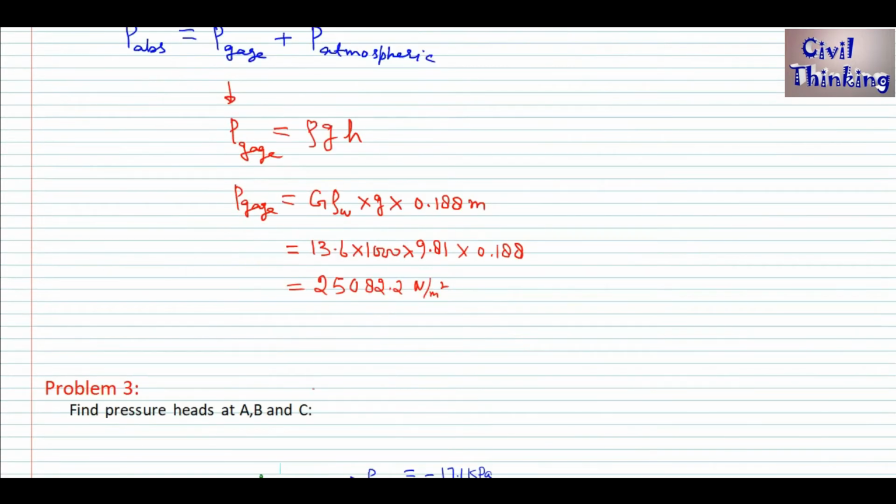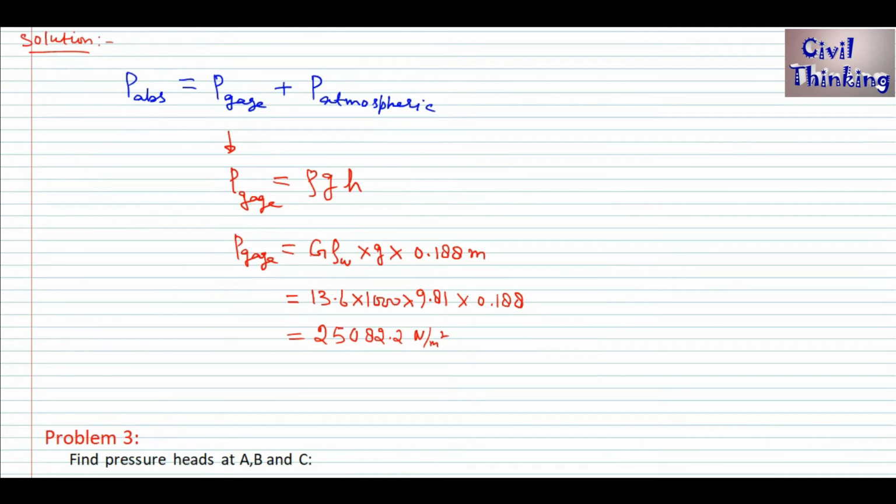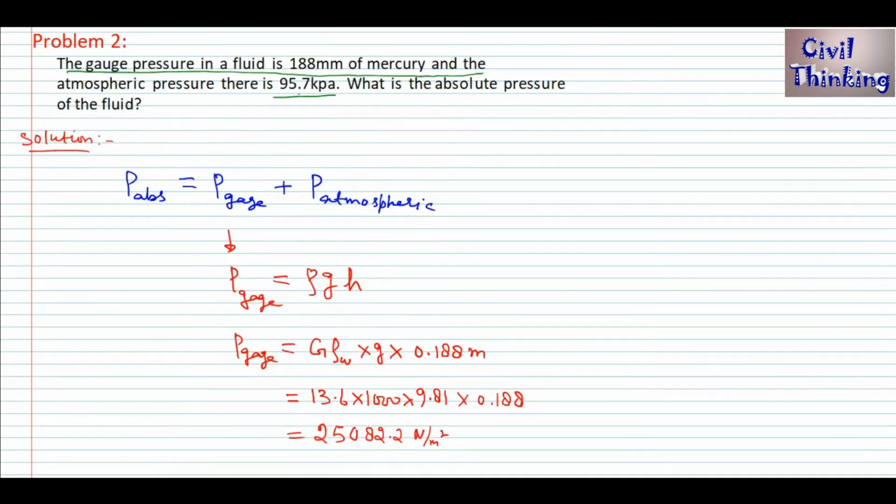Now we have found the gauge pressure. The atmospheric pressure is 95.7 kilopascal, which is 95.7 multiplied by 10 to the power 3 pascals, Newton per meter square.